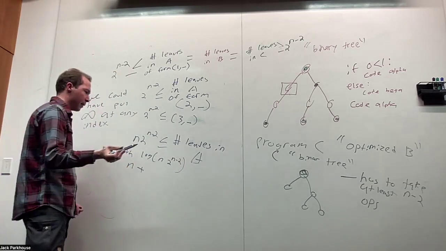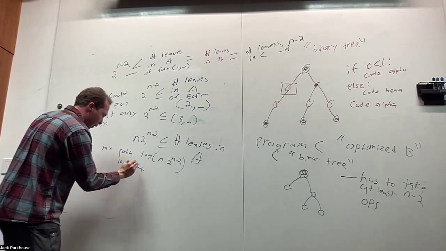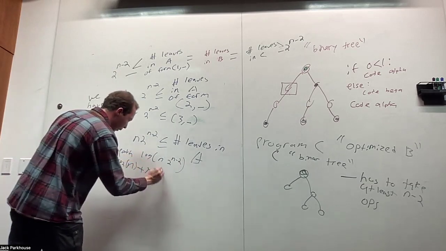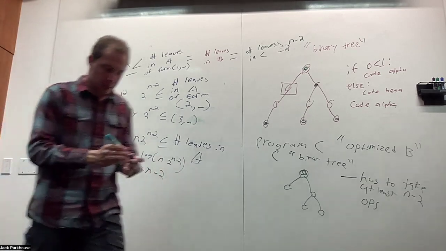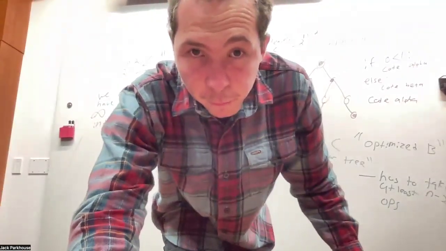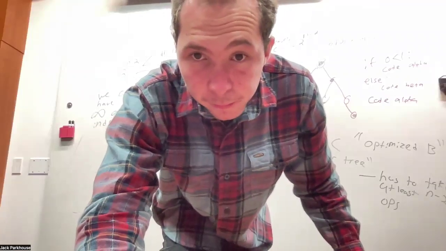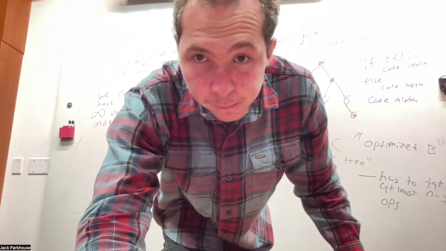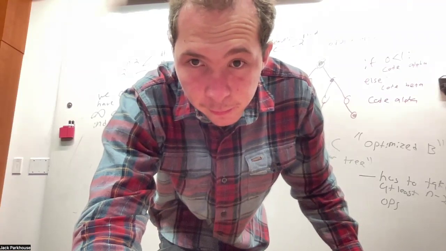Sorry, log base 2 of n plus n minus 2. And now you have your lower bound. Let me make sure I didn't miss anything. Yeah, seems good.